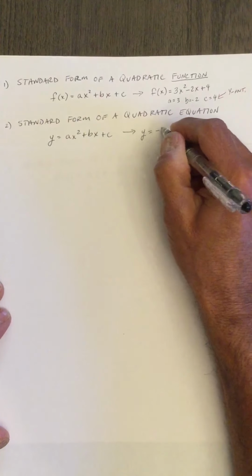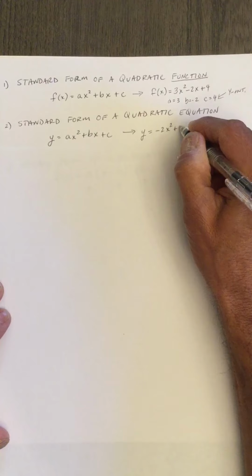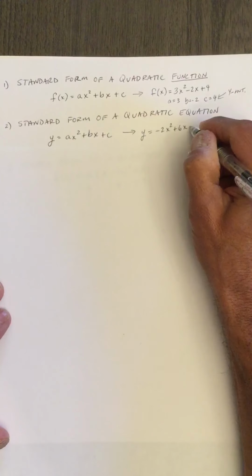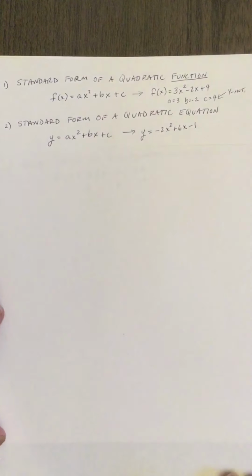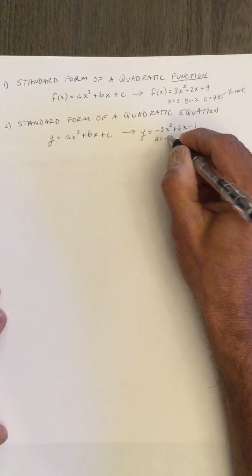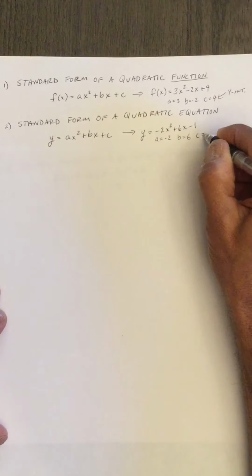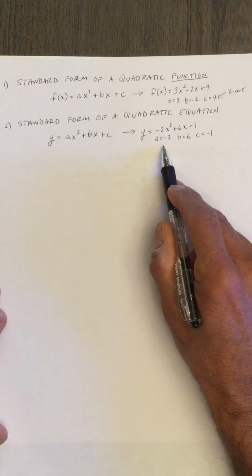So if I wrote something like this, okay, there's a couple things that we could tell here. My A is a -2, my B is a 6, and my C is a -1, right? And what does A tell us?